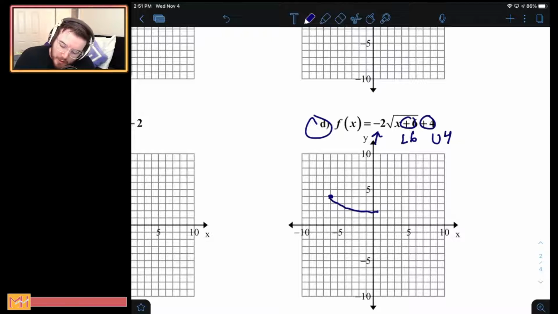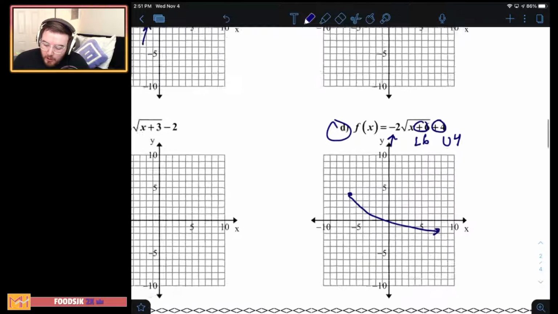We want to exaggerate it a little bit because it's been stretched. So we're going to look something like maybe that. It's going to go a little bit steeper because of the stretch. Nothing crazy, but I want you to just know about where it should look like.